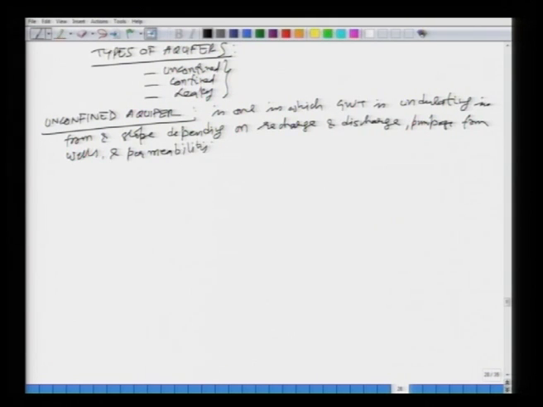So, an unconfined aquifer is one in which the groundwater table is undulating in form and slope depending on the recharge, the discharge, the pumpage, etc., and its permeability. The main thing is that the groundwater table is at atmospheric pressure in an unconfined aquifer. It is an important characteristic.